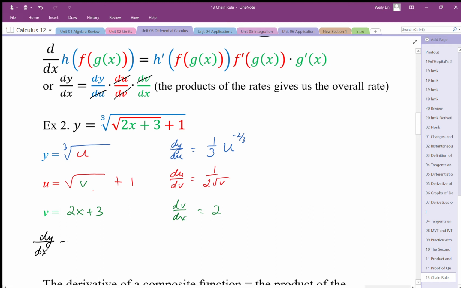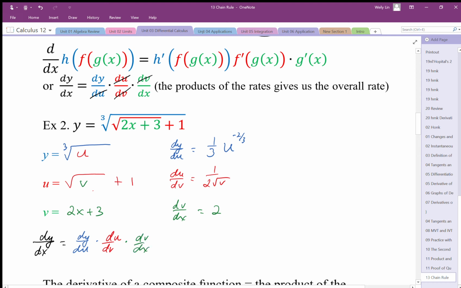So dy by dx is going to be dy by du times du by dv times dv by dx.